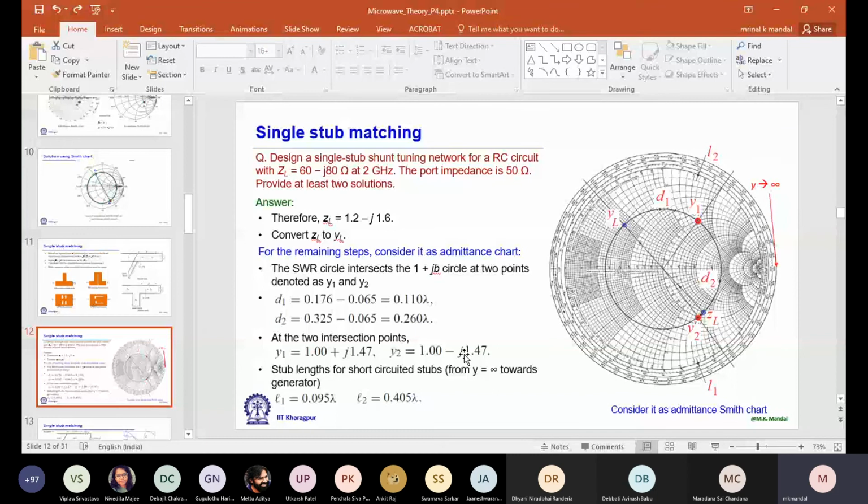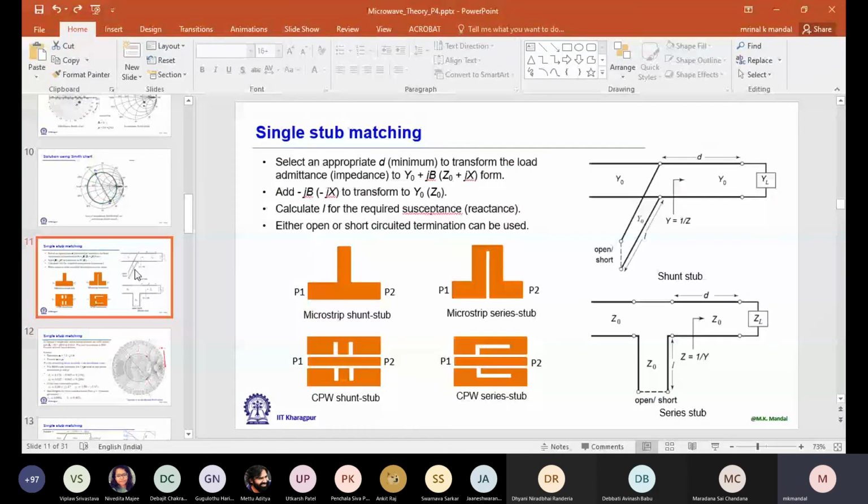Now how do we calculate the stub length? We can use the Smith chart again. We start from the short circuit point and move towards the generator.